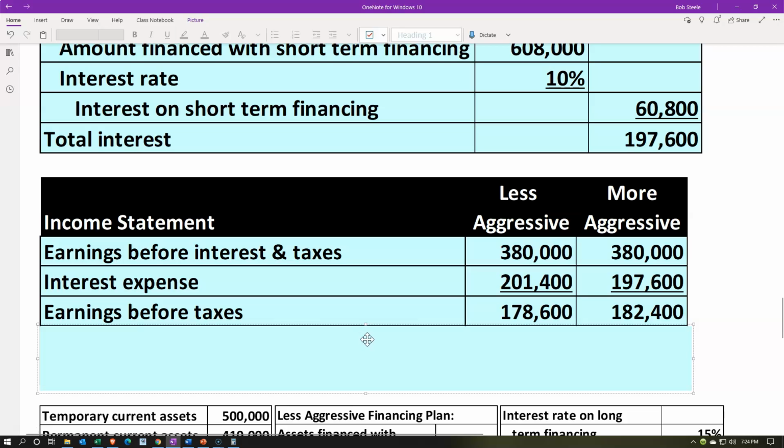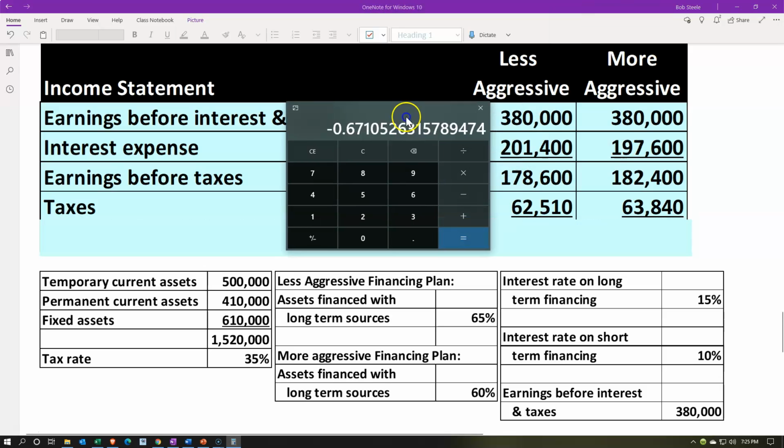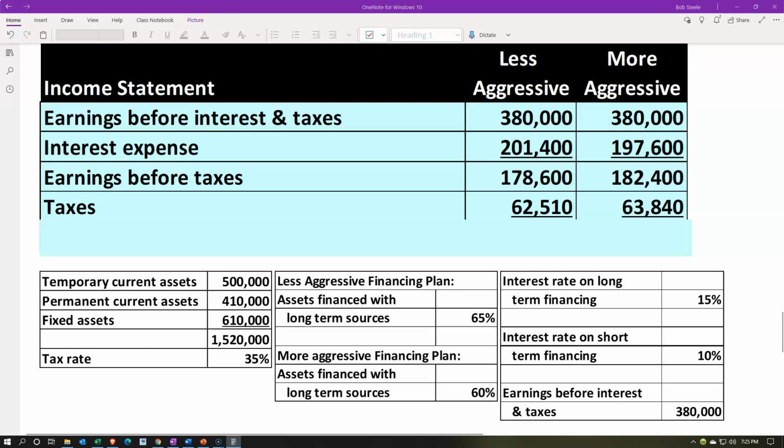So then the earnings before the interest and taxes minus the interest expense gives us the earnings before taxes. Then we would calculate the taxes on it. The taxes are going to be at the rate of 35%. So we're simply going to be taking that 178,600 times the 0.35, that gives us the 62,510, and of course the 182,400 times the 0.35, giving us the 63,840.